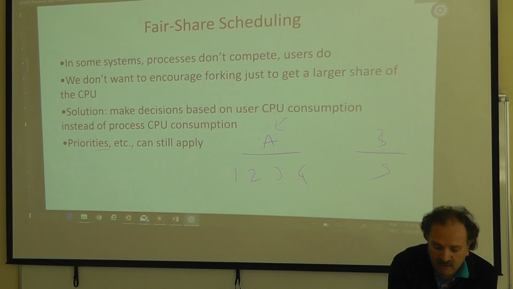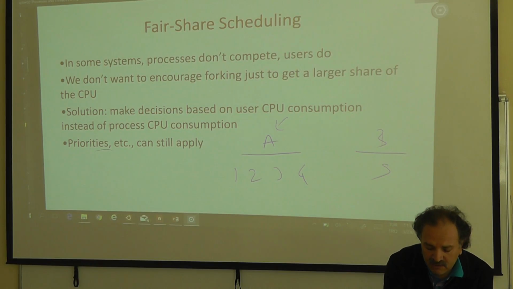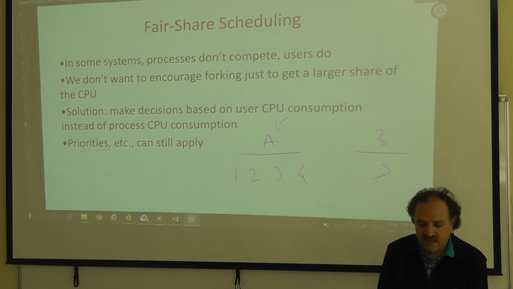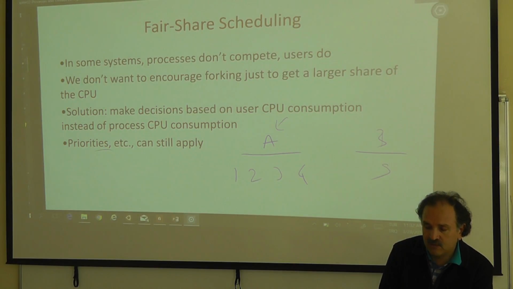So we don't want to encourage forking just to get a larger share of the CPU. User A kind of knows his things. He artificially creates these processes, 4 of them. He knows that he's going to get more CPU time by creating more processes.